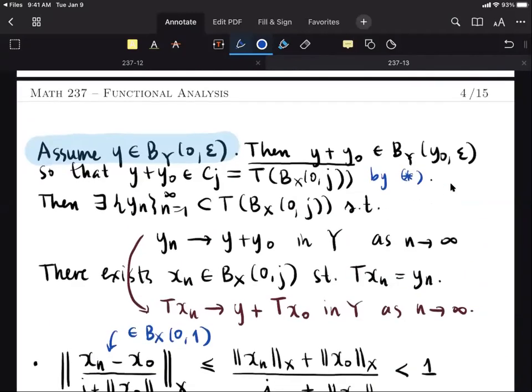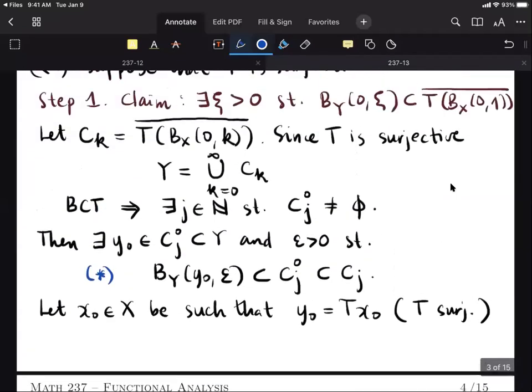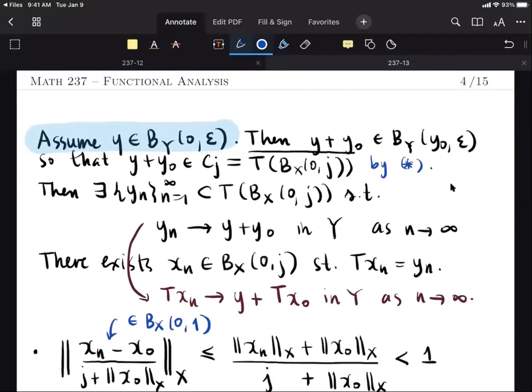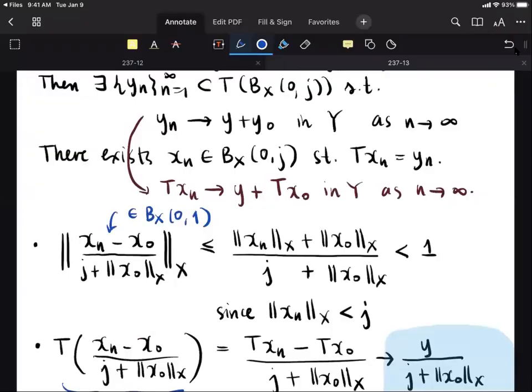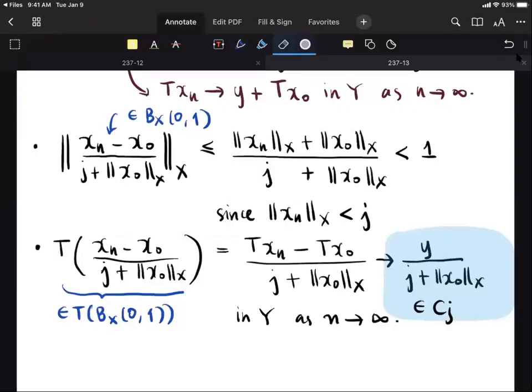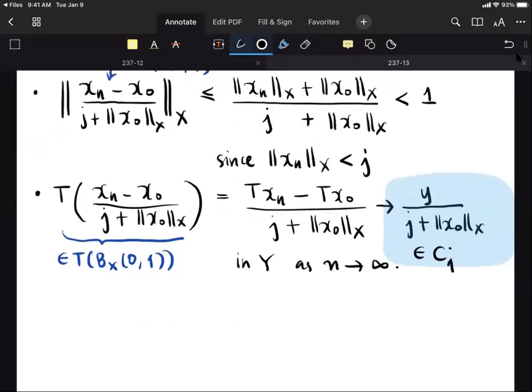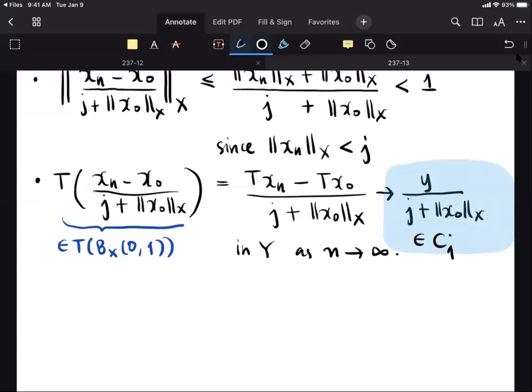And so, going back to what we have here, it's not C sub j, but C sub 1. Since C sub 1, recall, is equal to the image of the closed unit ball and taking its closure.